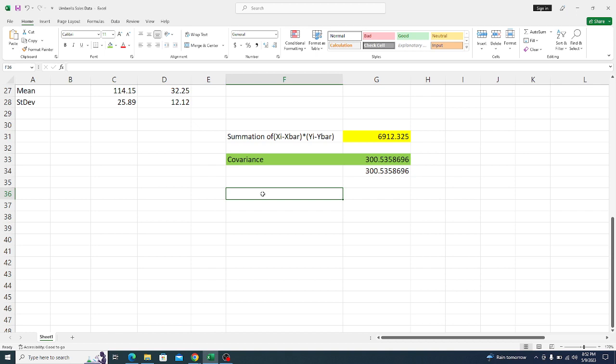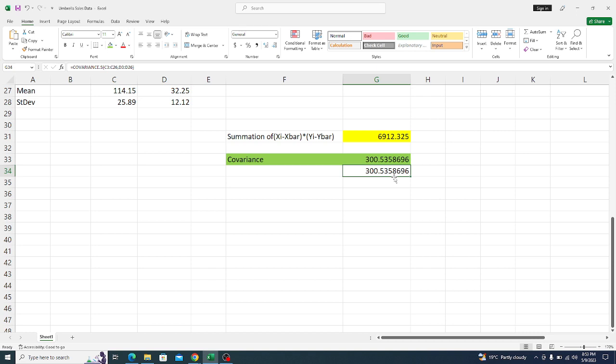Any question about covariance before I proceed from covariance to correlation? For my case, I have a question. I don't know from your side, but let me ask before you can ask. We've gotten 300.5358 as a value. So what does this number mean? Because this seems to be just a number to me.